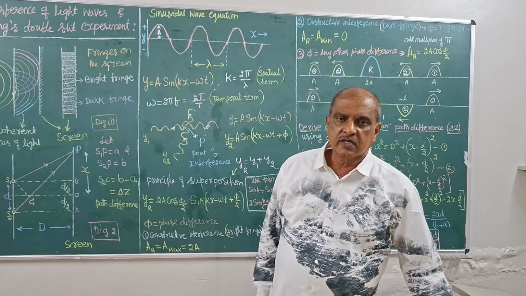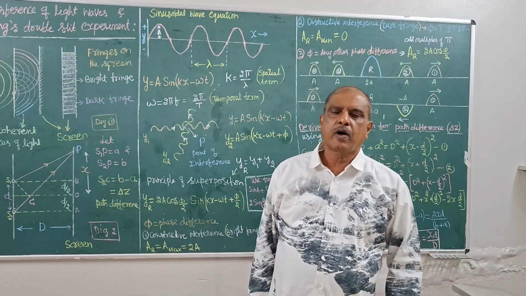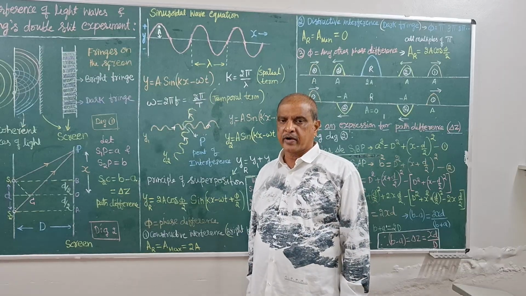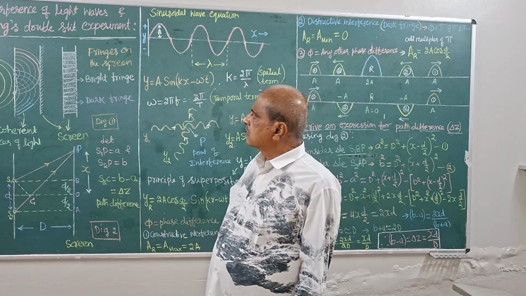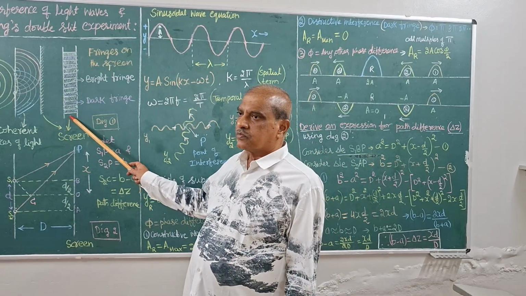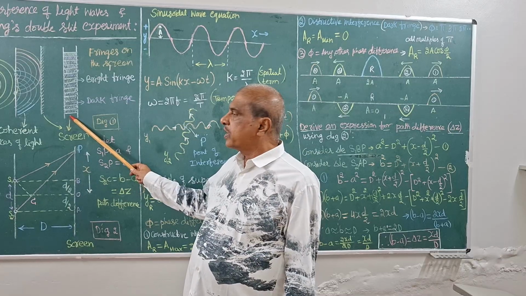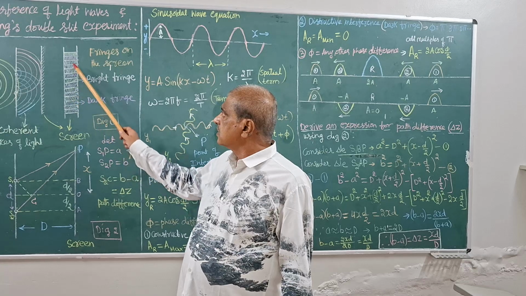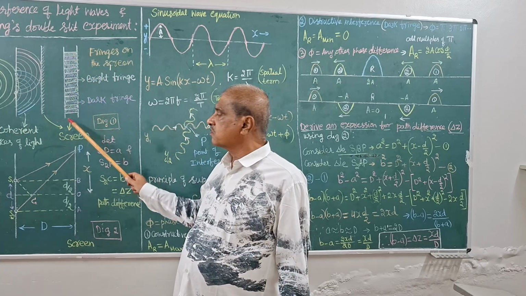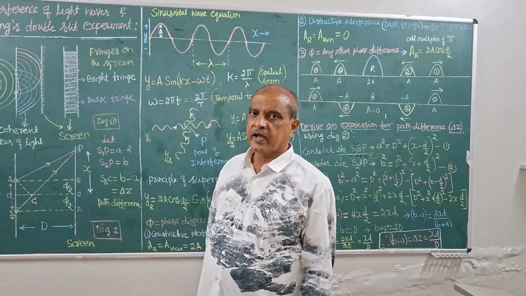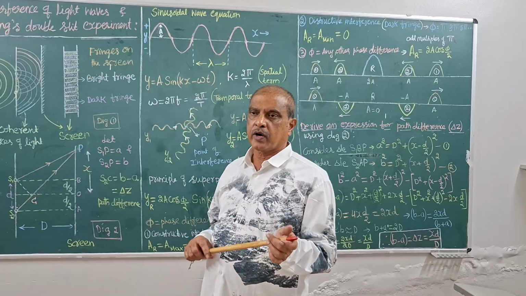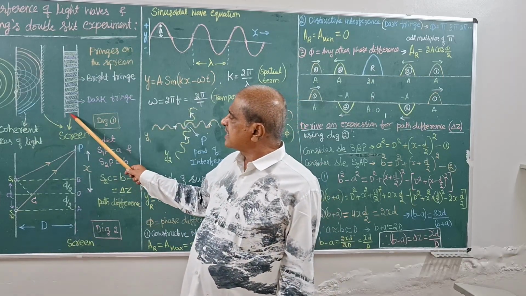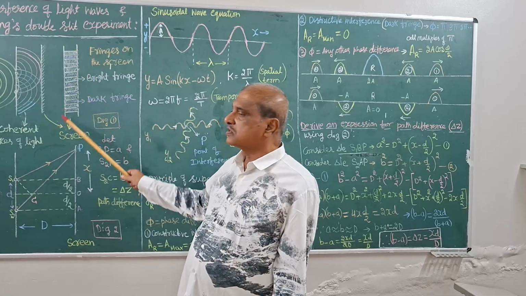If light is made of particles, the corpuscles are small particles, we wouldn't expect this kind of fringes on the screen.